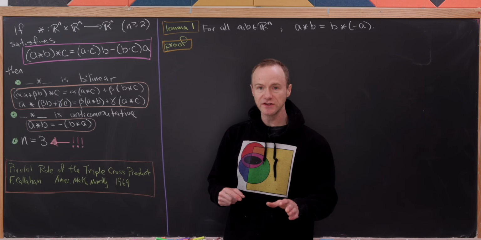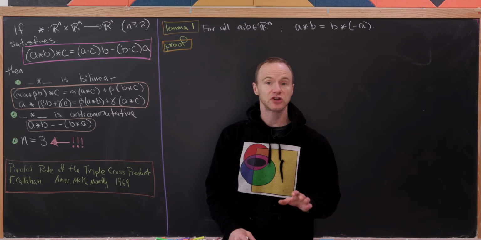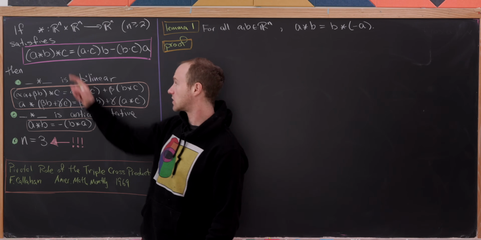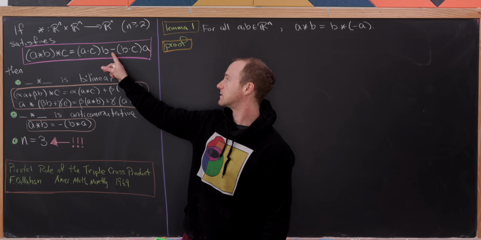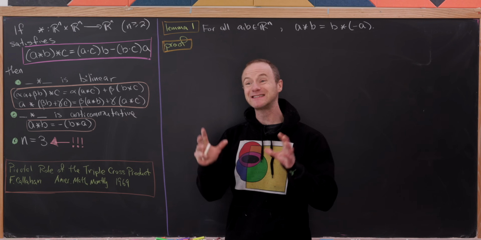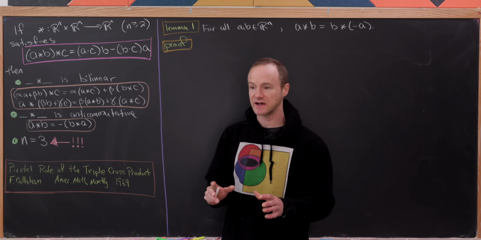And then let's also suppose this product satisfies this triple product identity. So A star B star C is equal to A dot C in the B direction minus B dot C in the A direction.